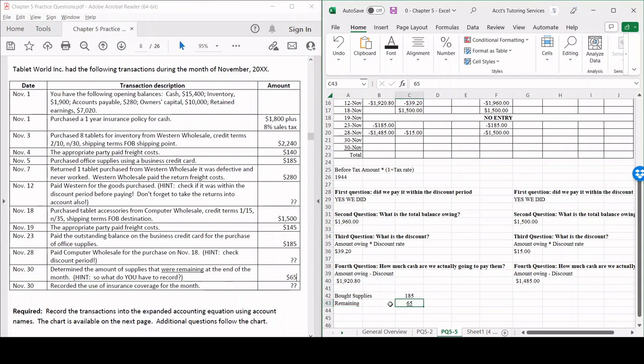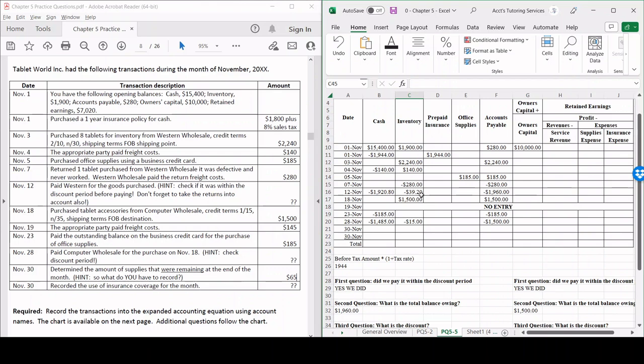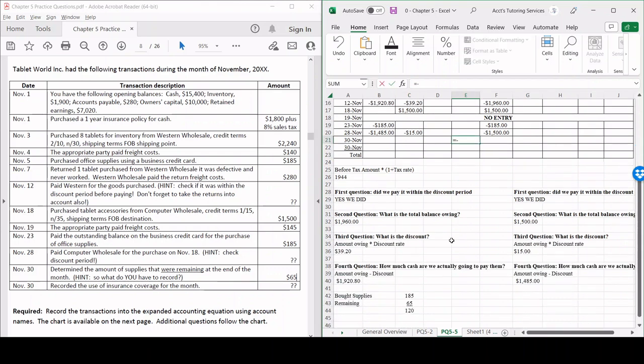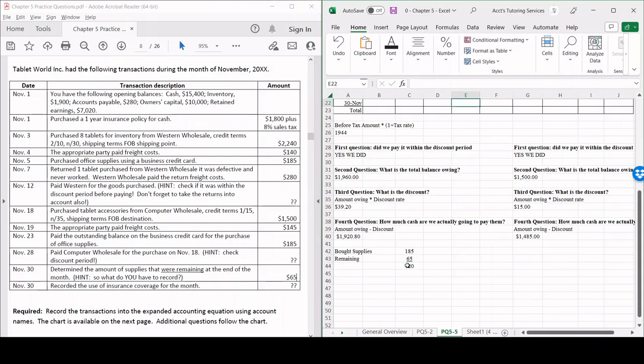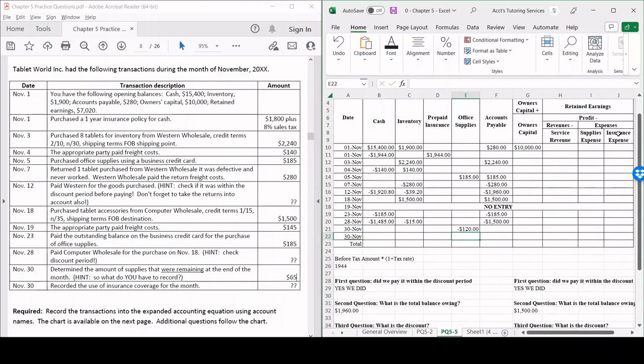Simple as that, right? So we're going to do 185 minus 65. So our office supplies, it's going to be reduced by 120. And as a result, our supplies expense is going to go up by 120 because our expense, our cost of doing business is increasing.